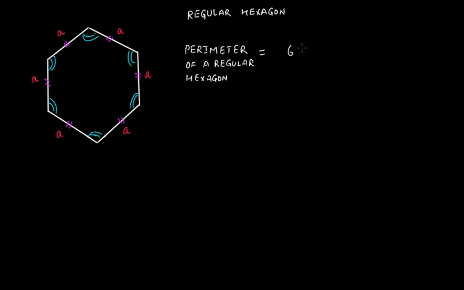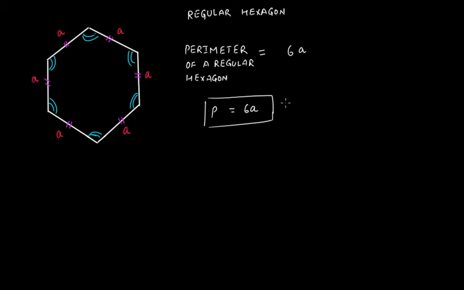So this will be 6A, and if we denote the perimeter of a regular hexagon by P, small letter p, then this will be equal to 6A. This will be our rule to tell the perimeter of this regular hexagon.